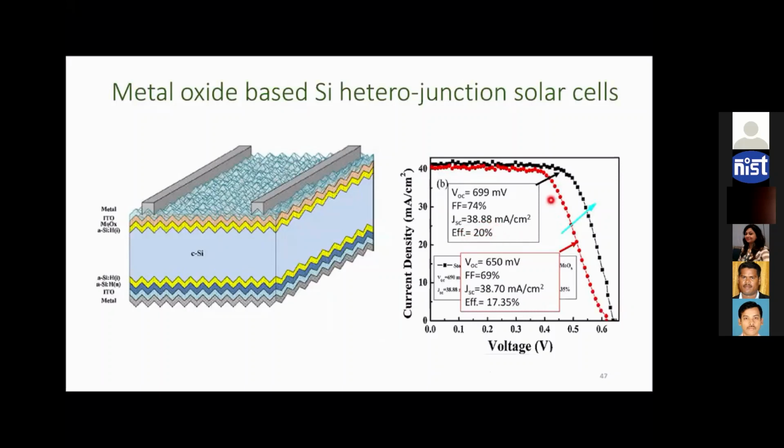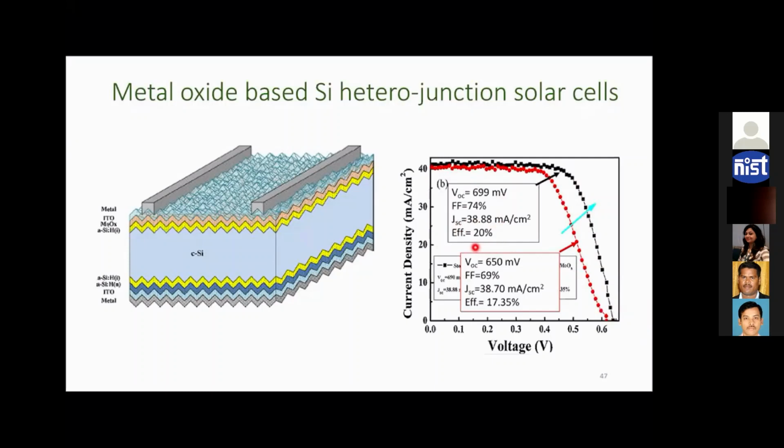And let us see these two curves. This is the current voltage characteristics obtained from this heterojunction solar cell, where they have used molybdenum oxide as a replacement of the p-doped amorphous silicon. This molybdenum oxide is collecting holes from the front side. So depending on the molybdenum oxide property, whether it is more defective or has good electronic property, you are getting a difference in the efficiency.